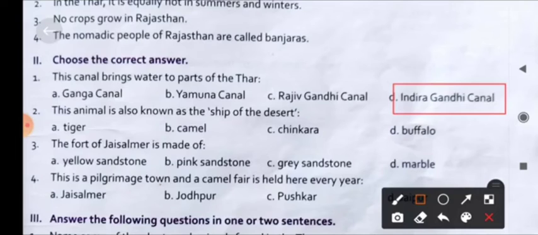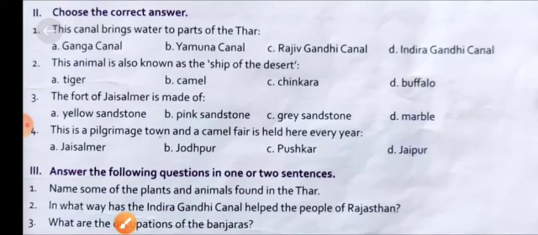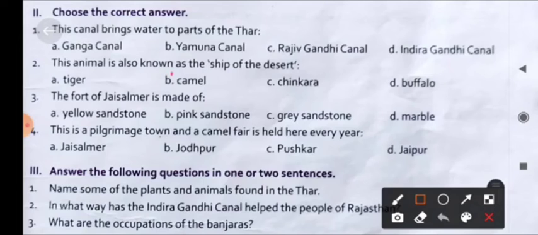It is the largest canal in India. This animal is also known as ship of the desert: tiger, camel, chinkara, buffalo. So in this question the camel is the right answer, because the camel lives in the desert region without food and water for a long time. Once it eats food and stores water, it can live in the desert region for a long time.